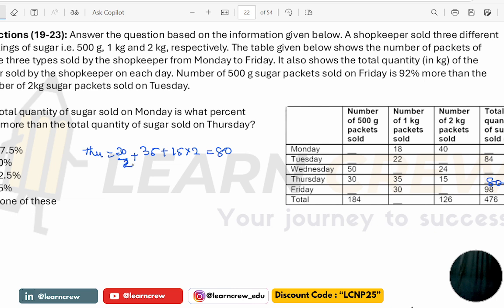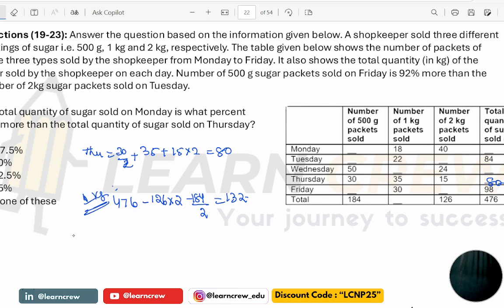Next, what we have? The total number of 1 kg sugar packets sold from Monday to Friday would be 476 minus 126 into 2 minus 184 by 2, which is 132.